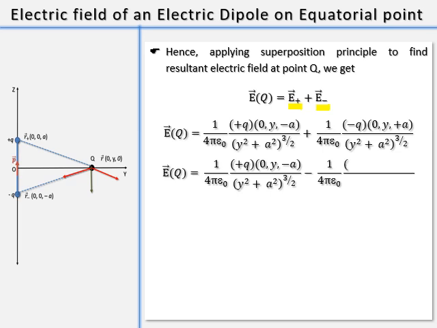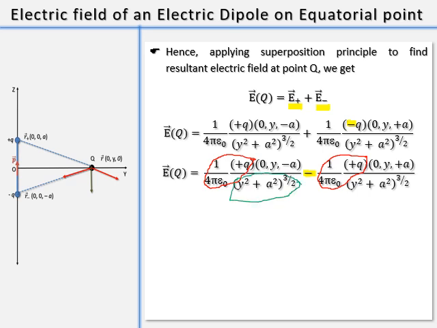Here, this negative sign is taken outside. No other change is made in these two steps. And now, look at this last step. We realize that 1 by 4 pi epsilon 0 and plus q is appearing in the first term, and 1 by 4 pi epsilon 0 and plus q is appearing in the second term as well. The other advantage here is that the denominator is also the same in both.